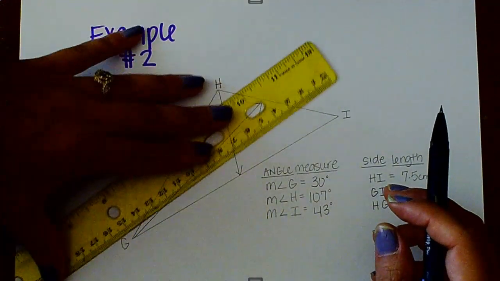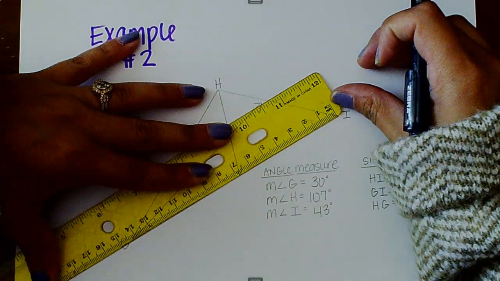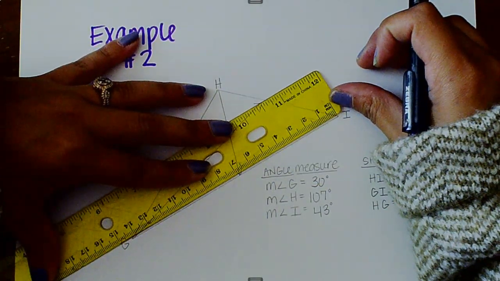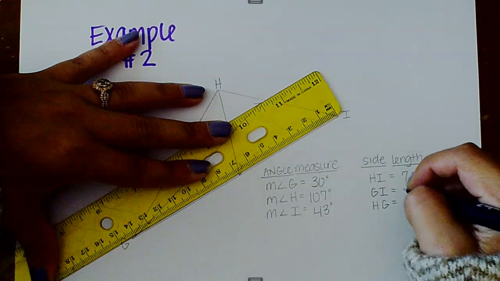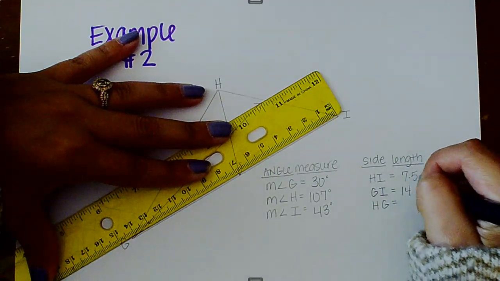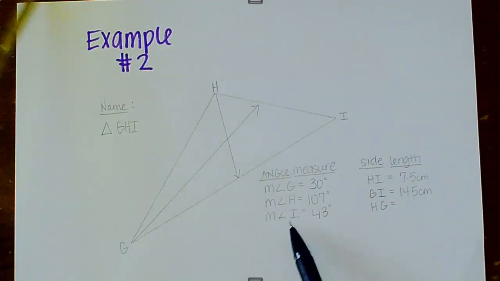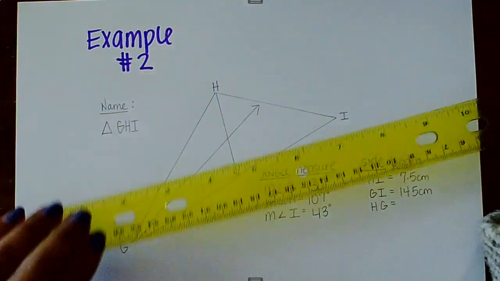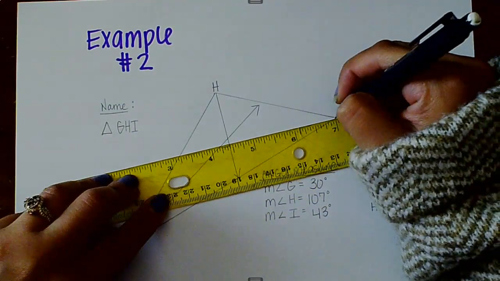So let's go ahead and measure. So again, we're still measuring in centimeters. This is approximately 14, I'm going to say 14 and a half. Okay, and we still need one more. The angle I is opposite side GH.